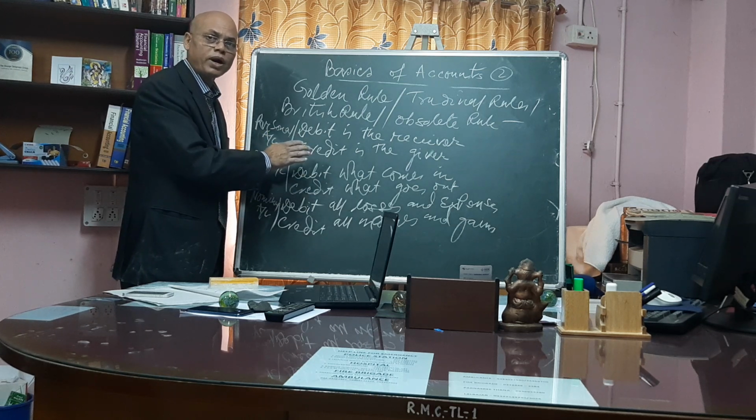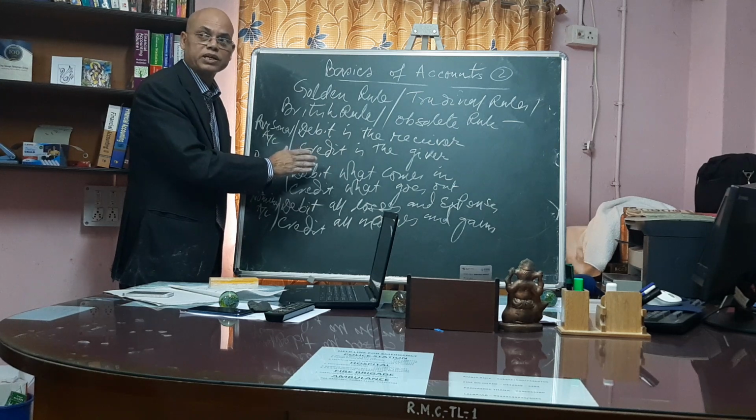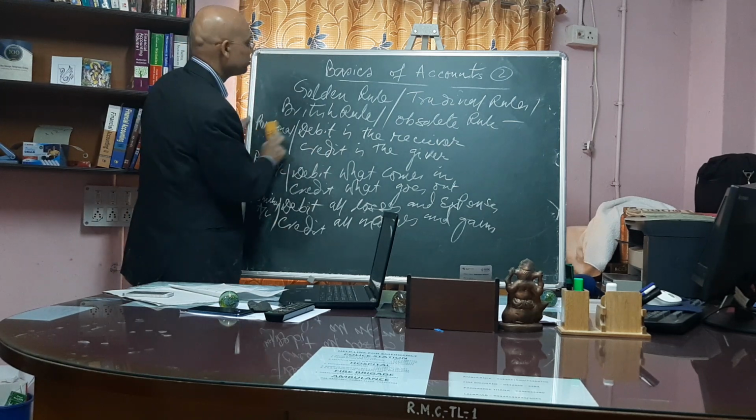The students then what rule will follow? The rule with the help of accounting equation. That rule students should follow for passing journal entries. That I am going to explain.